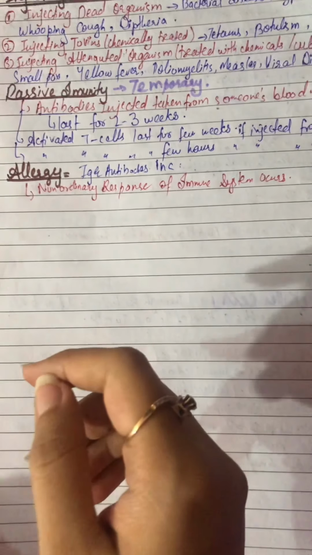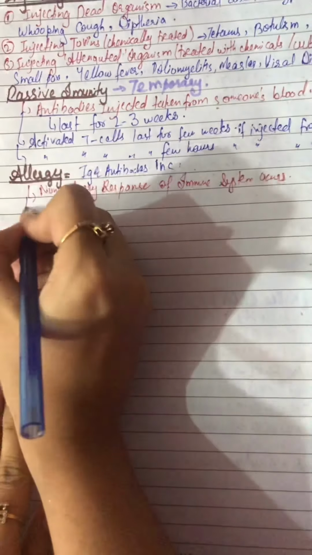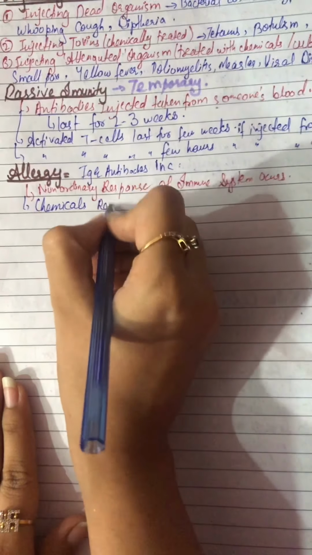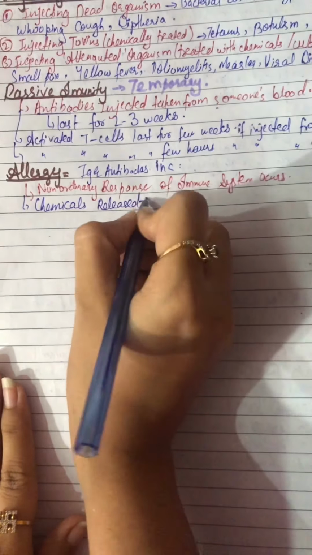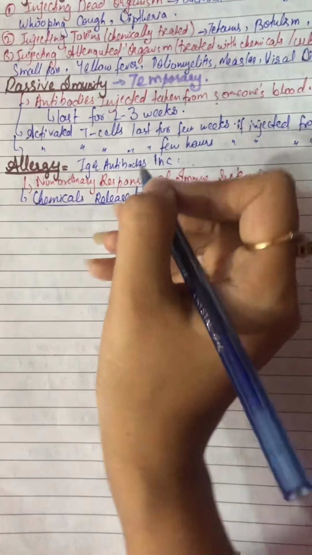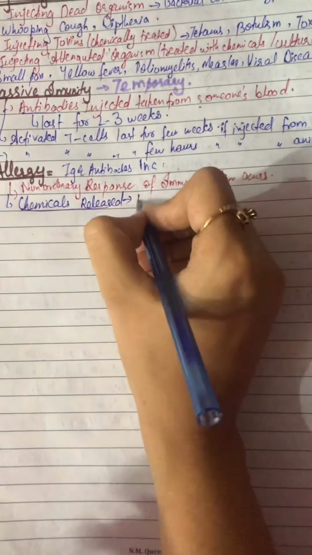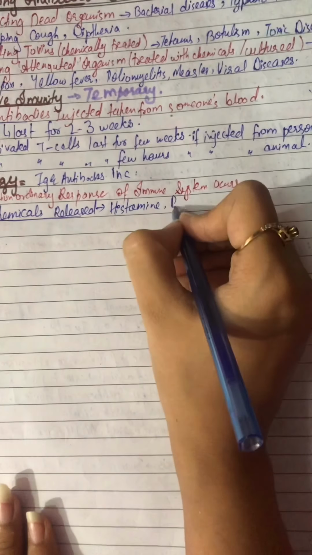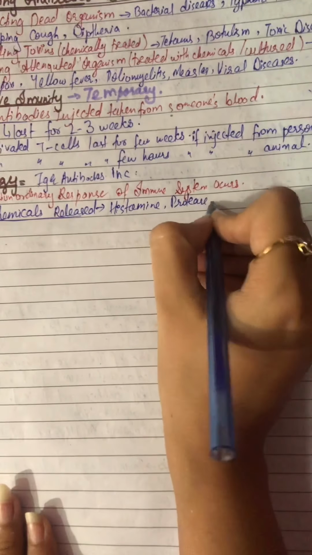Then some chemicals are released in the allergies. Now let's discuss those. The first one is histamine. The second one is protease.